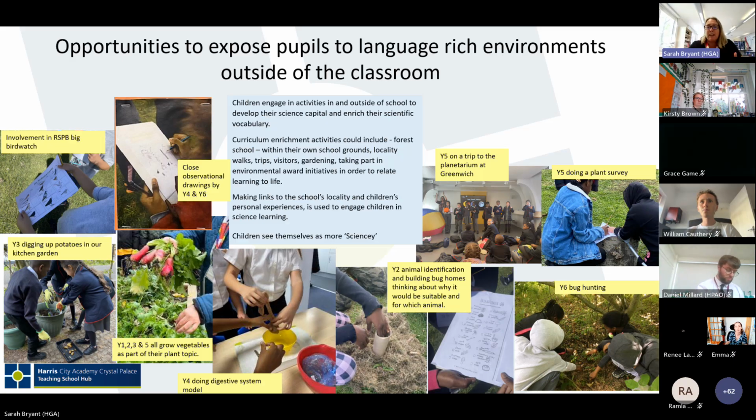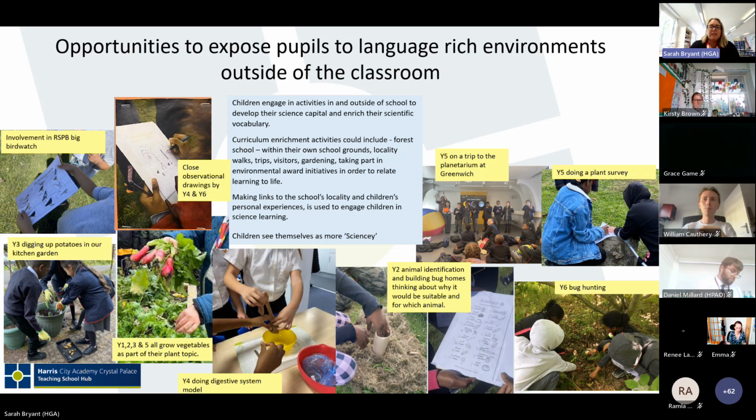Are we growing? In the national curriculum, it specifically says we should be growing things other than just cress. So have we got some vegetables growing? A good one is radishes. They only take a couple of weeks to grow, so they will grow within your 6-week unit of work. Getting children outside, the outdoor environment is a language-rich environment in its own right.